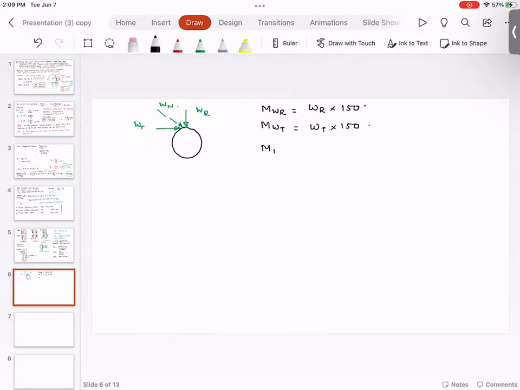Resultant moment is square root of mWr square plus mWt square. We know the value of torque on the gear. The torque is equal to 5,000 multiplied by 1.25 is 6250 Newton meter.